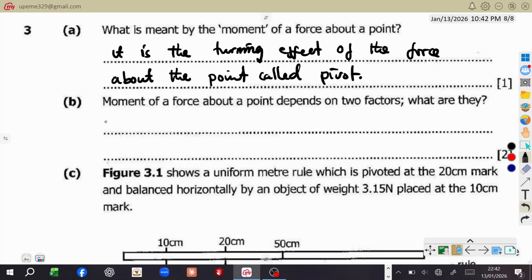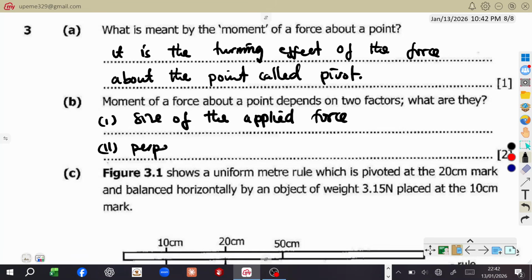Those factors we talked about: one, size of the applied force, then two, perpendicular distance between point of application of the force and the pivot.